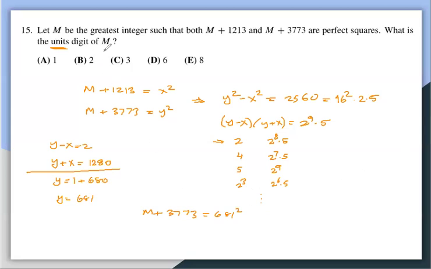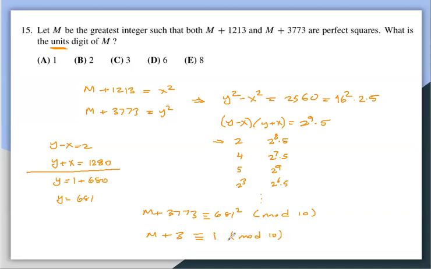We just want the unit digit of m, which is why we can take mod 10 to get that easily. If you take mod 10, the remainder of 3773 is 3. That is congruent to 681 squared, and the remainder of 681 divided by 10 is 1, so 1 squared is 1 mod 10.